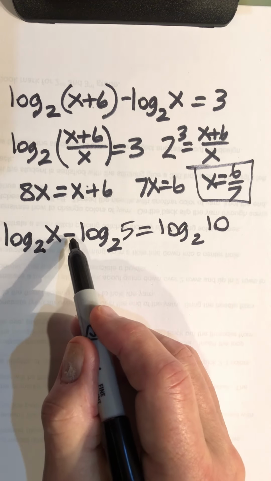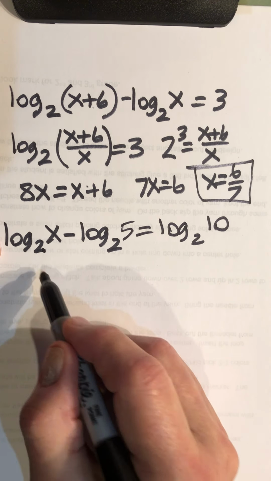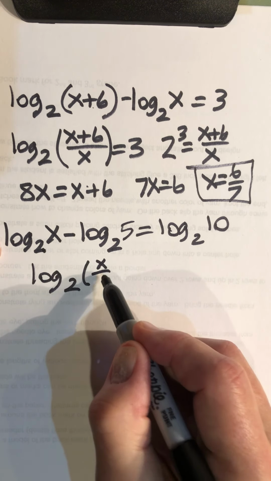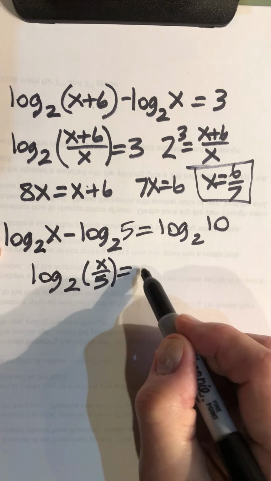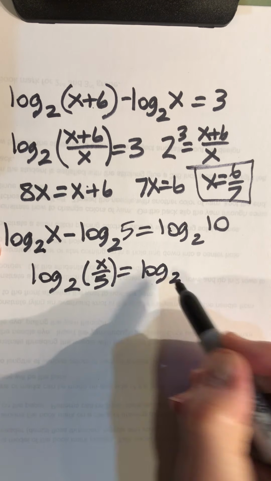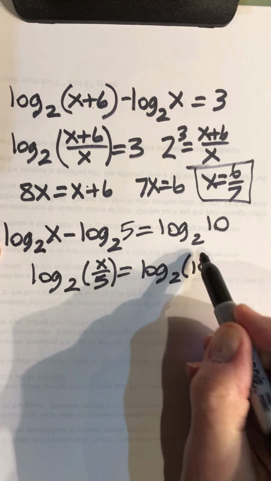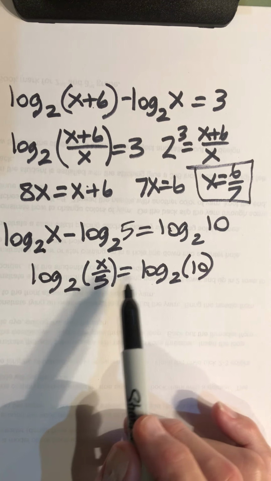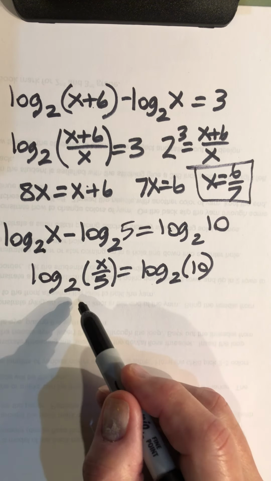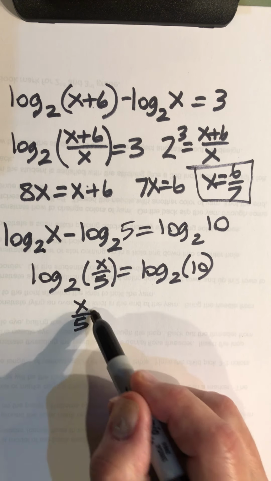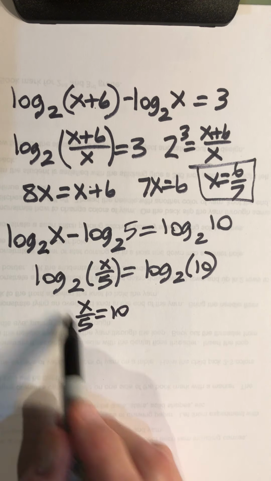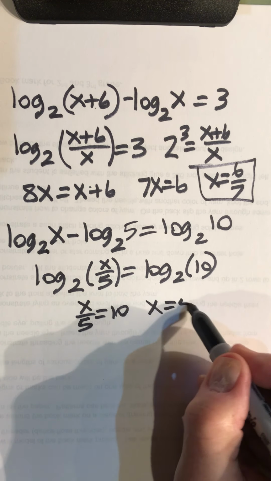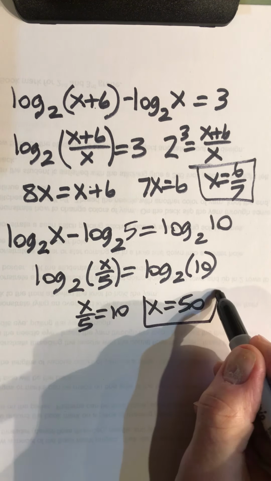Okay, well, subtraction of logs means division, so it's log base 2 of x over 5 equals, oh, this is an easy one, log base 2 of 10. Okay, these are both logs, they are equal, and that means their arguments have to be equal. So x over 5 equals 10. What am I going to do to solve for x? Multiply both sides by 5. x equals 50.